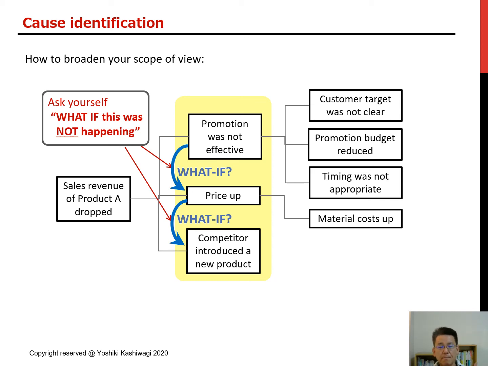So it makes it easier to come up with a new cause idea by asking, what if this is not a cause, or this is not happening? Okay, what-if questions, and then you can find a new reason. This is an easy way to find a new or additional possible cause. Deny your original idea by asking what if.